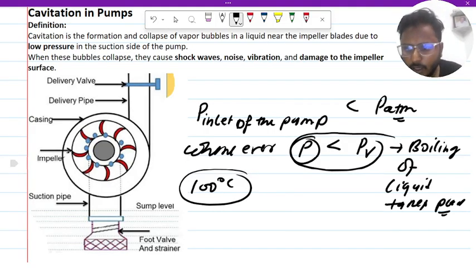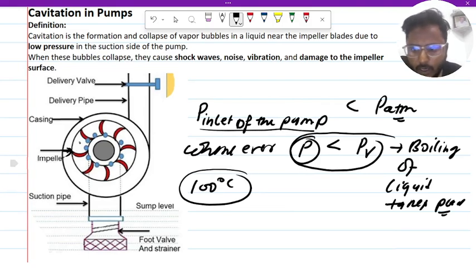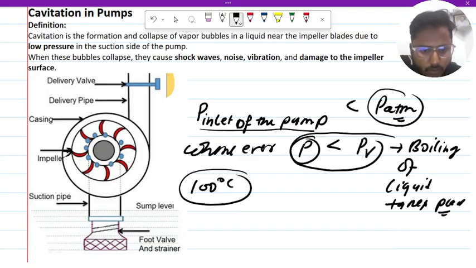At the inlet there is a chance of boiling, because the pressure there is lower than atmospheric pressure, so it can be lower than the vapor pressure of the water.